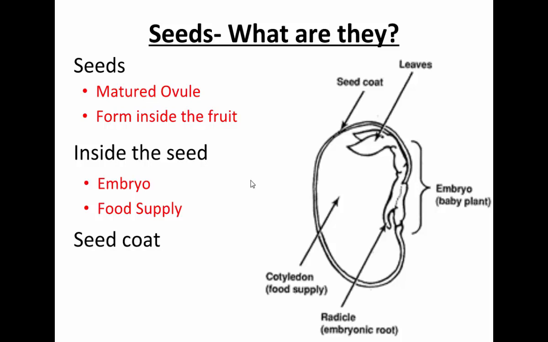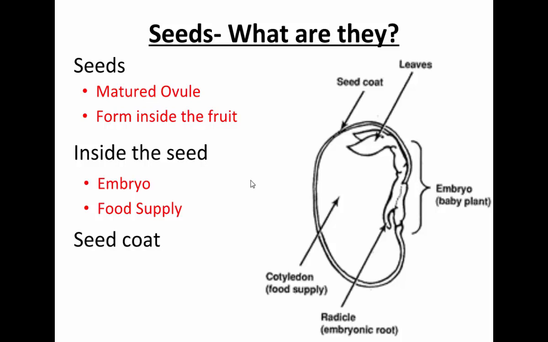And as the seed is starting to grow and it's underground, obviously it doesn't have any leaves yet that are exposed. It can't go through photosynthesis. So to get the energy to begin growing, it gets it from this stored up energy in the cotyledon.